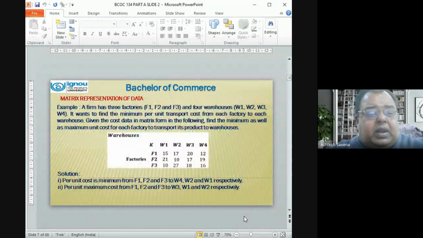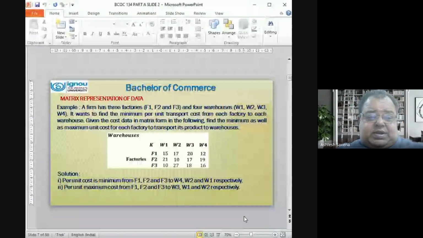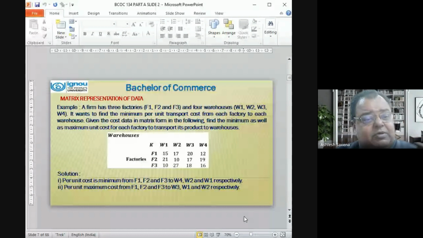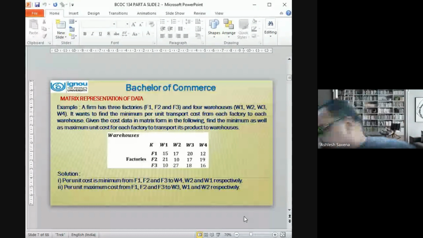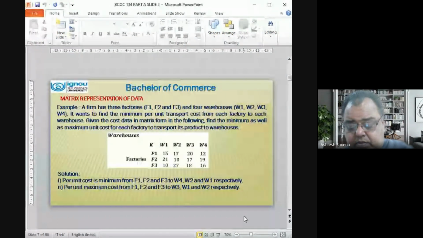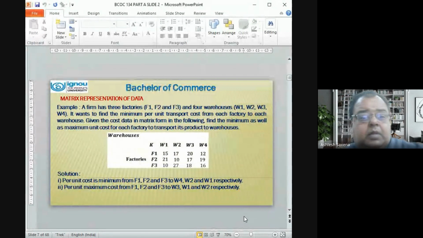Now, the thing is how to convert the data into matrix representation. Suppose this is the problem. A firm has three factories, F1, F2, F3, and four warehouses, W1, W2, W3. It wants to find the minimum per unit transport cost from each factory to each warehouse.